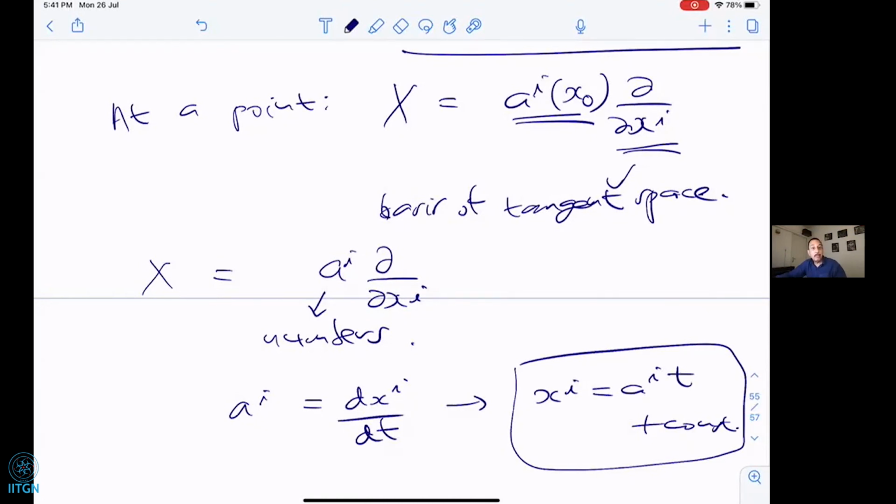The idea that we started with a curve and then got vectors, we could have started with any curve. And if you start with all curves through a point in a manifold, then it's intuitively clear that you will get all possible vectors in Euclidean space. To span Euclidean space, you only need n linearly independent vectors, and they form a basis. So the coordinates actually form a basis for the tangent space.